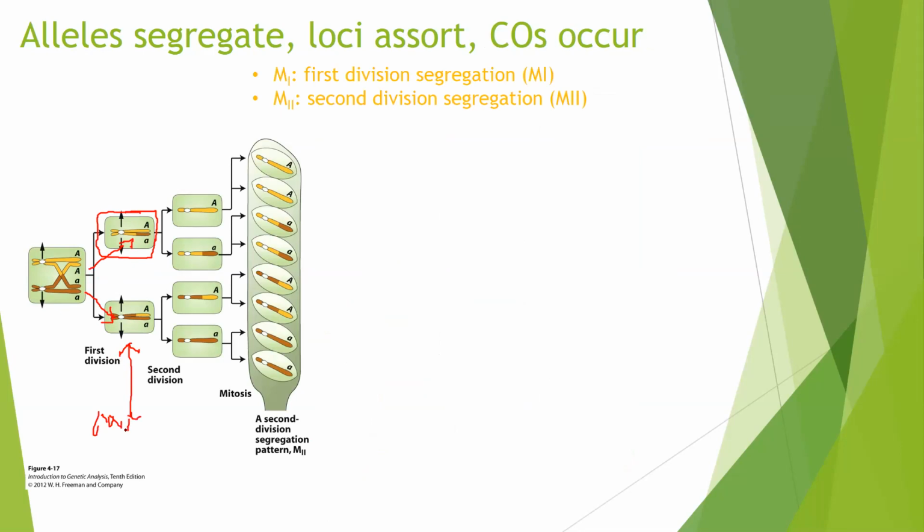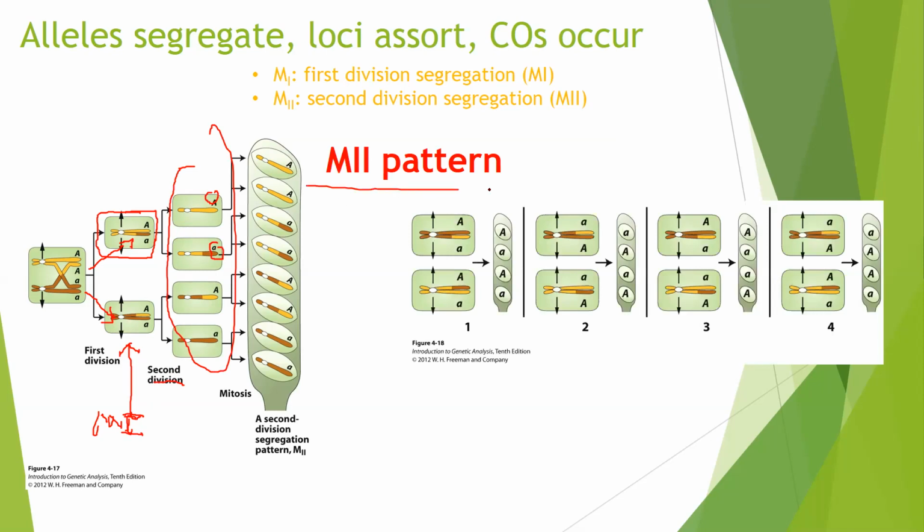Only if this cell enters into the second stage of the meiosis. So here, then you see the big A, small a segregate. They go into different cells. Therefore, this is the M2 pattern. Is that clear? And this is the relationship between this gene and the centromere. Yeah, I hope I answered your question.